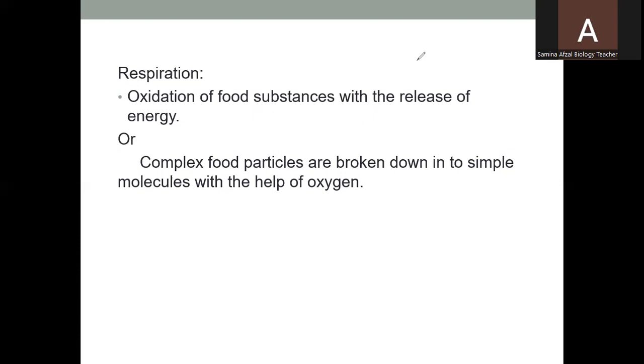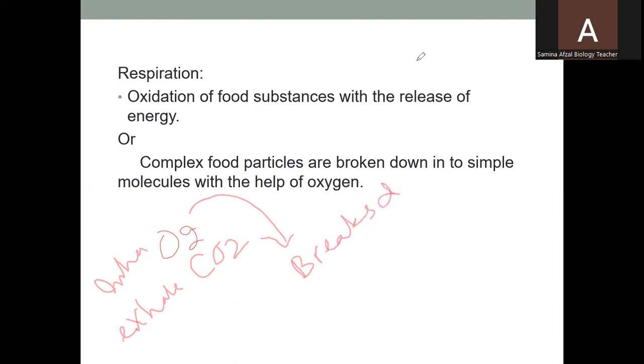So in this way, we can say that oxygen is taken in and carbon dioxide is taken out, and we inhale oxygen and exhale carbon dioxide. As a result of inhaling oxygen, this oxygen breaks down the food, and due to the breakdown there is the formation of carbon dioxide and water plus lots of energy.